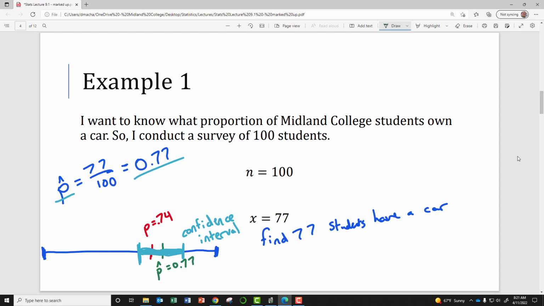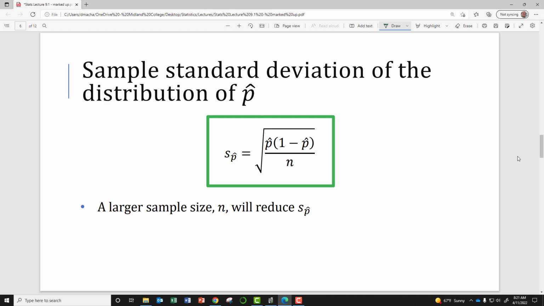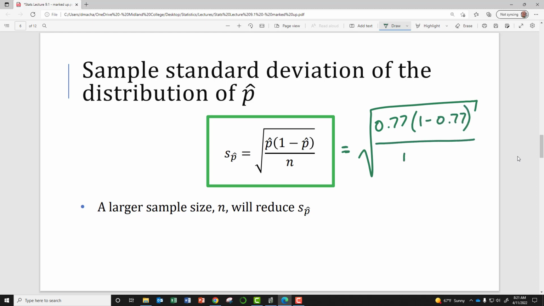Well, x is 77, n is 100, and p hat was 0.77. So for us, this is going to be the square root of 0.77 times 1 minus 0.77 divided by 100. So this is going to be the square root of 0.77 times 0.23 divided by 10.